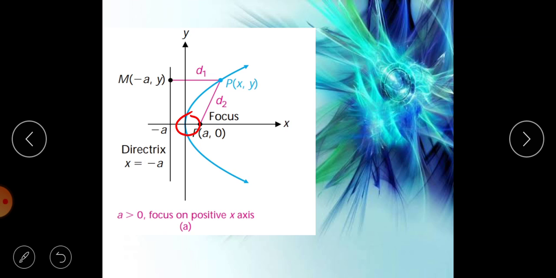So when a is greater than 0, the focus is on the positive x-axis. As you can see, this is the x-axis, this is the focus. So when a is greater than 0, its focus is on the x-axis.